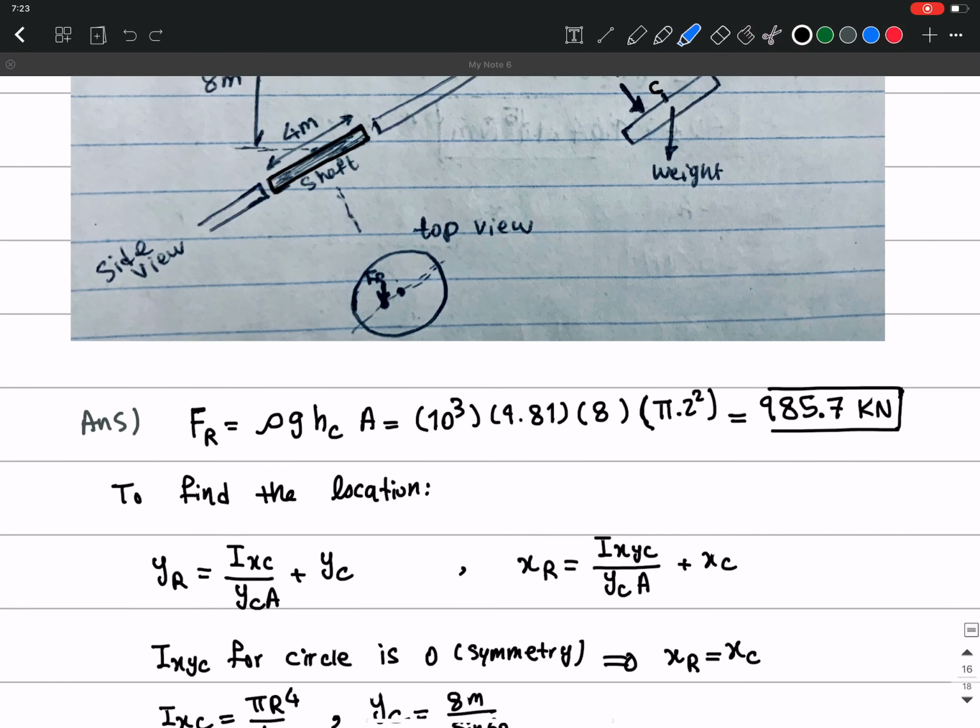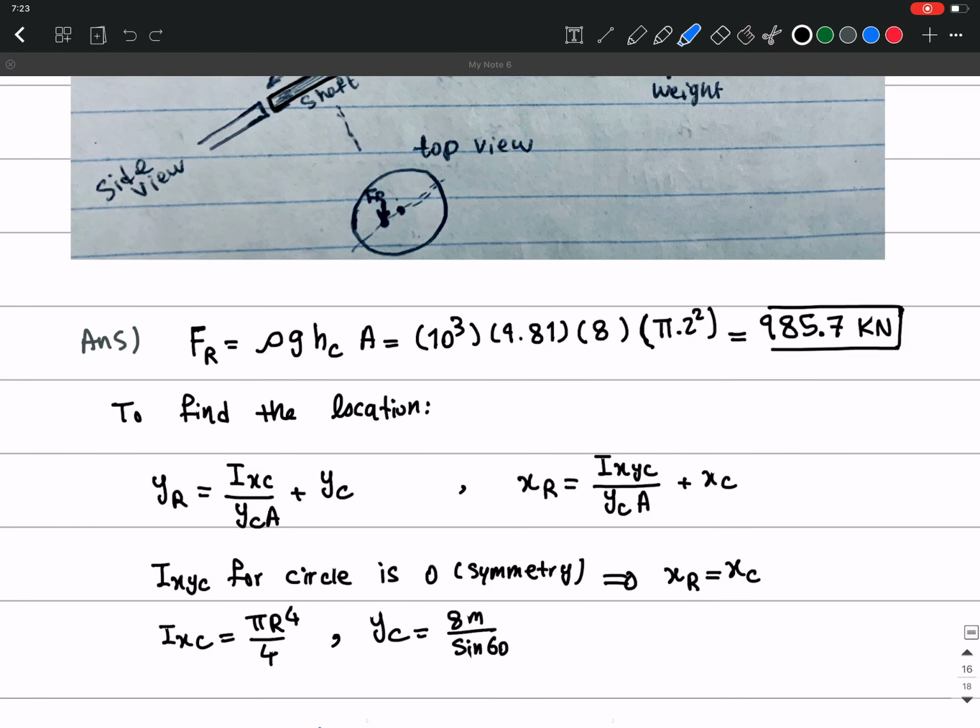So it's easy for the magnitude of the force, and for the location of the resultant force, we use this formula for y, and for x we use XR equals IXYC over YC A plus XC, and because for the circle IXYC is 0 because of symmetry, XR equals XC.